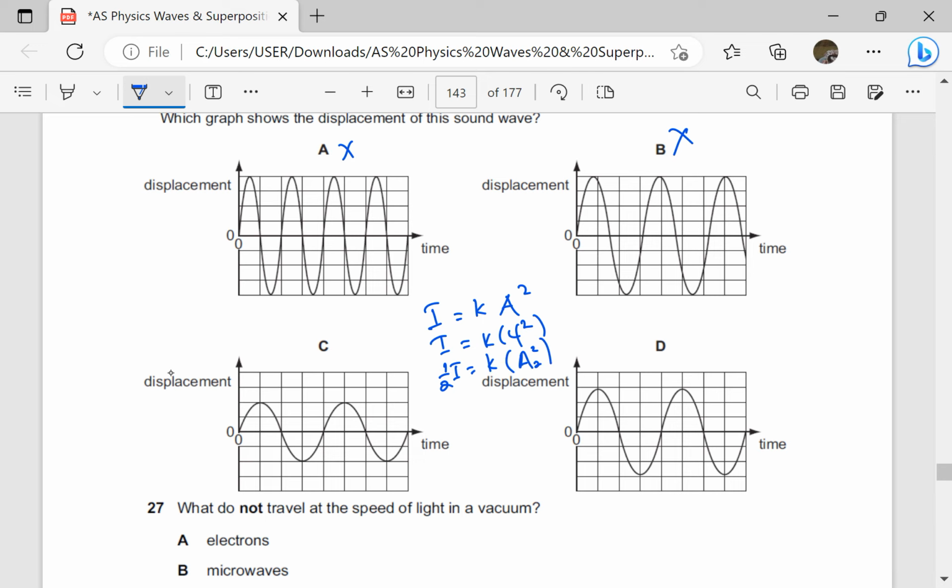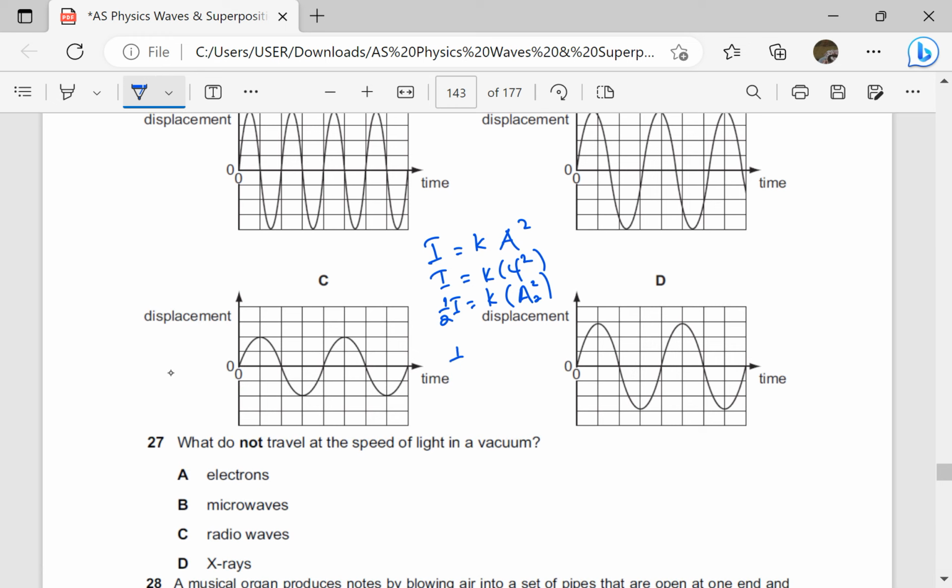So we combine these two equations. A half, where there is I, I will put the value of I, which is K times 4 squared, should be equal to K times A2 squared. So K cancels. 4 squared is 16, over 2, that is 8. So 8 is equal to A2 squared.